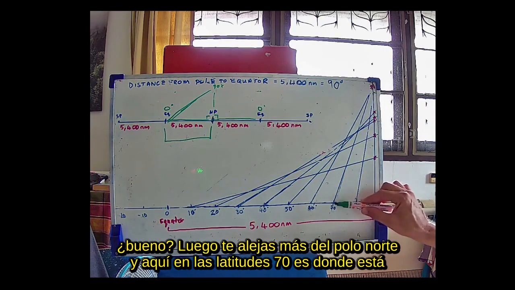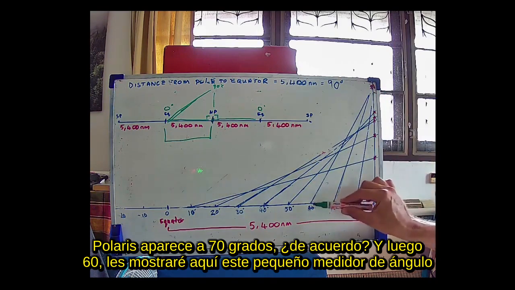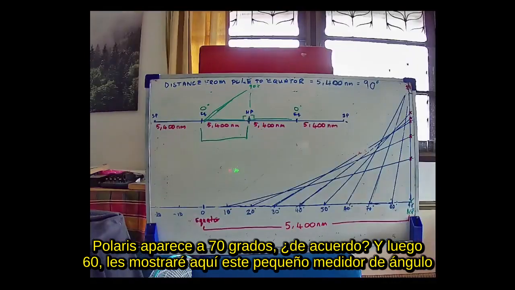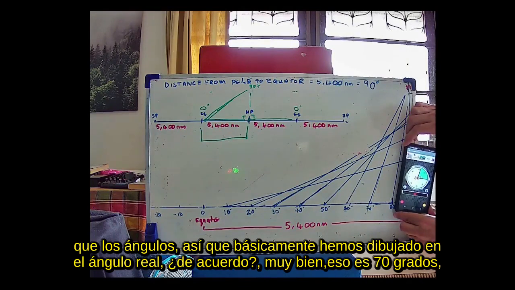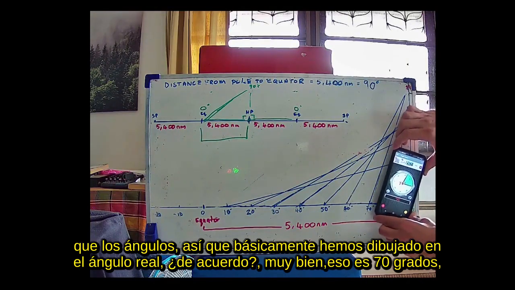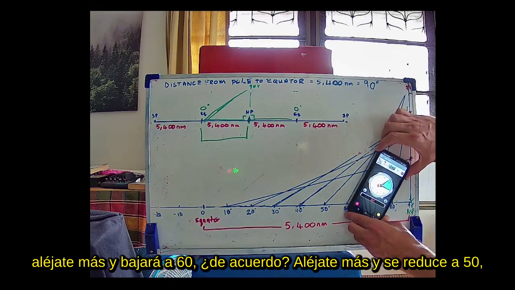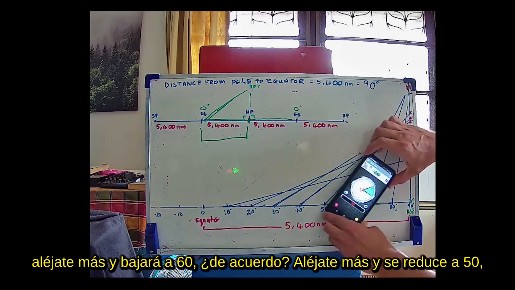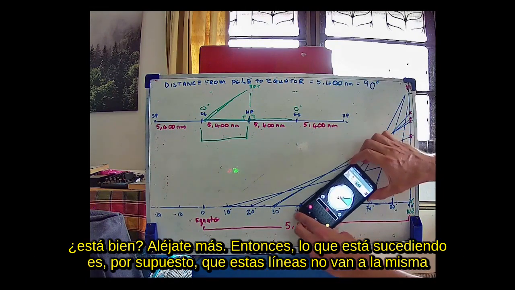Then you get further away from the North Pole, and here at latitude 70 is where Polaris appears at 70 degrees. And then 60. I'll just show you on here this little angle meter. The angles, so we're basically drawing in the actual angle. There's 70 degrees. Get further away, and it's coming down to 60. Get further away, and it comes down to 50. Get further away.